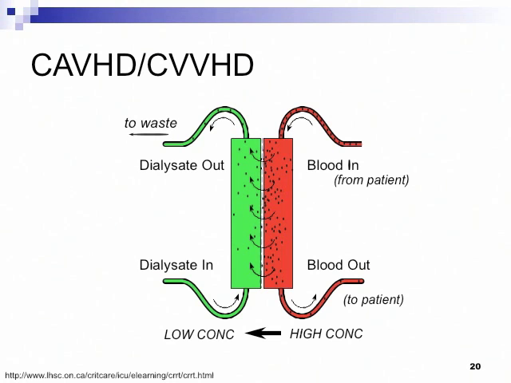This slide gives you the pictures in more detail. You see that the dialysis fluid coming in and the blood coming in are in two opposite directions, and it uses wet material going from the high concentration to the lower concentration.